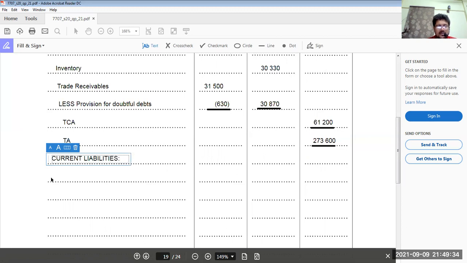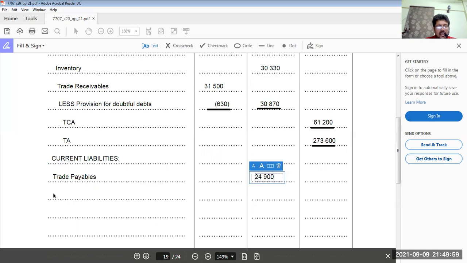Current liabilities. We have two current liabilities available. One is trade payables. Trade payables, how much? Trade payables are 24,900.